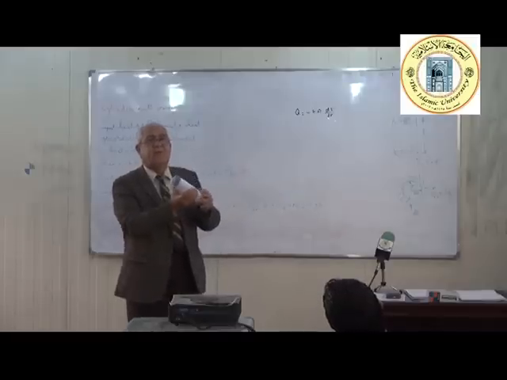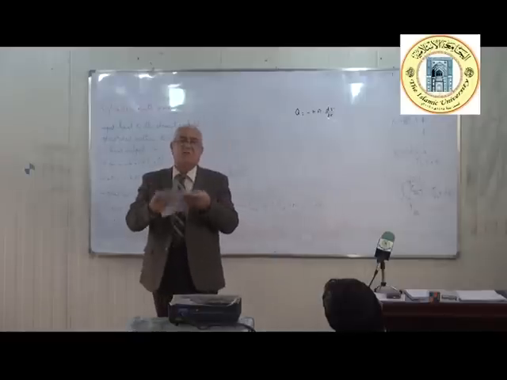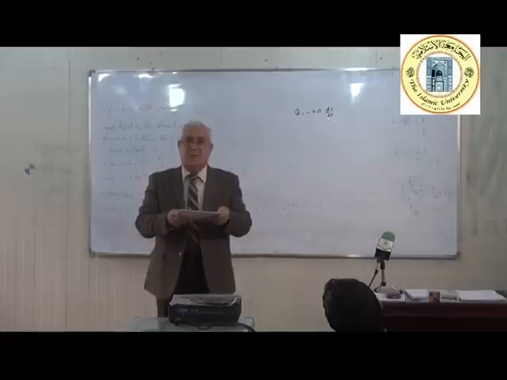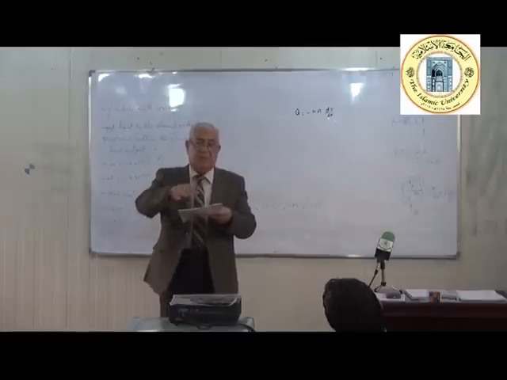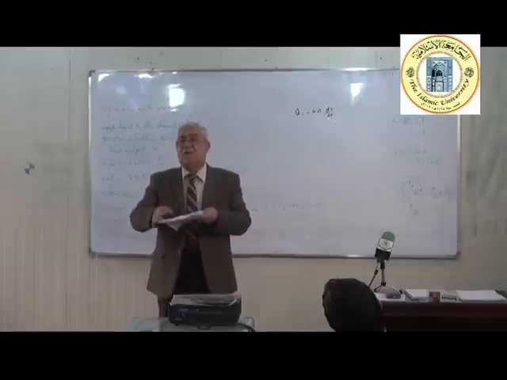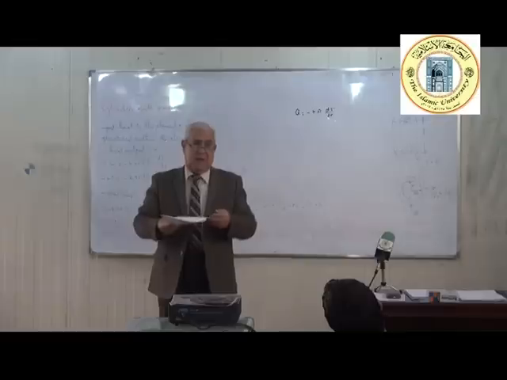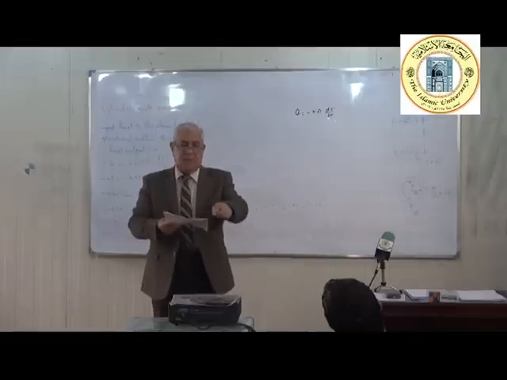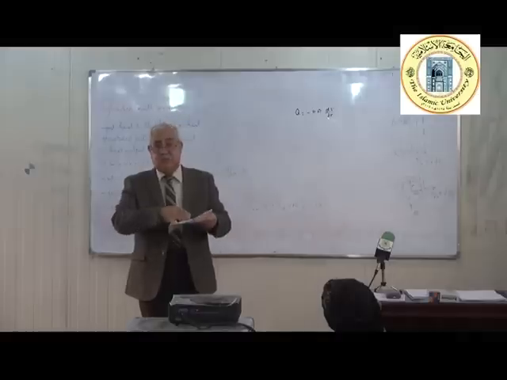If I open this cylinder, it will give me this shape. Now the length of the perimeter will equal the length of this flat surface, and this is L. This will give me the surface area.